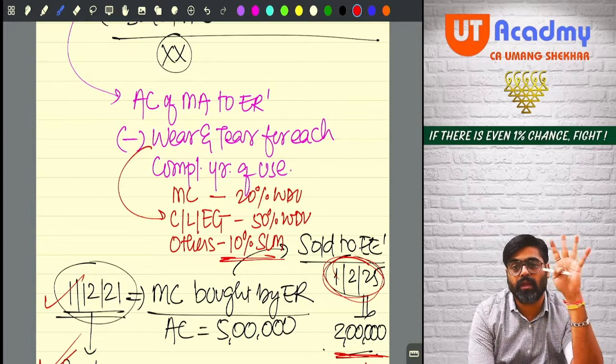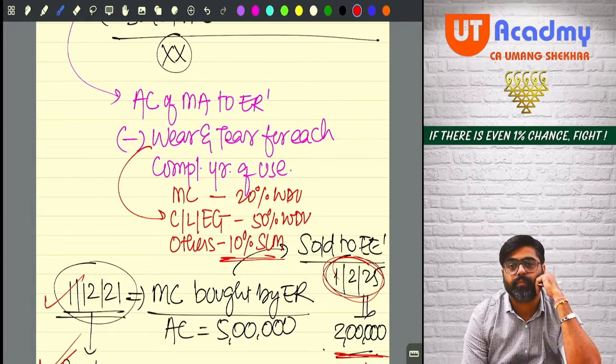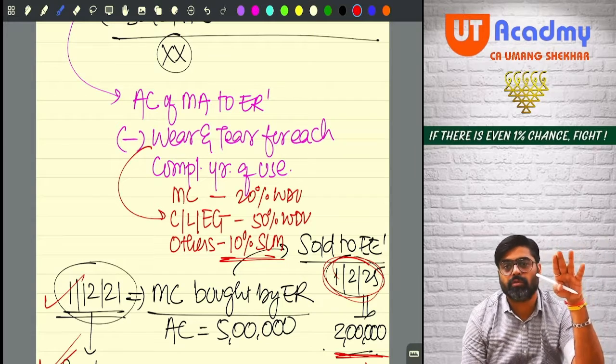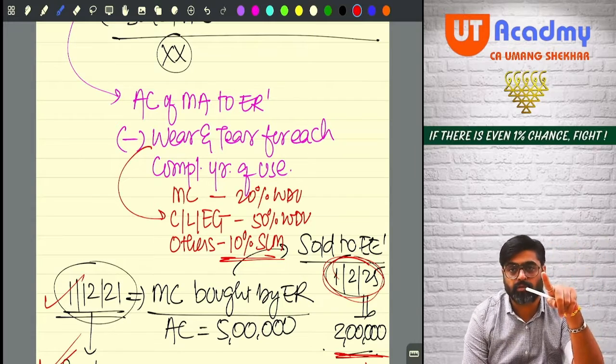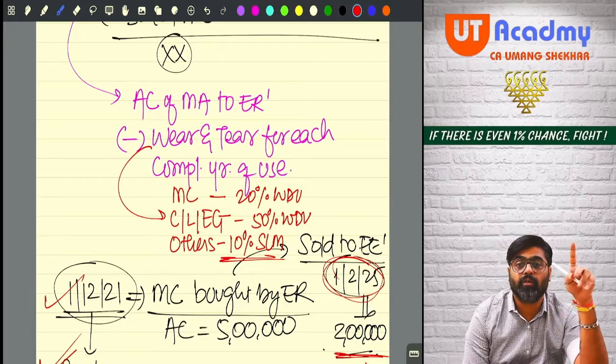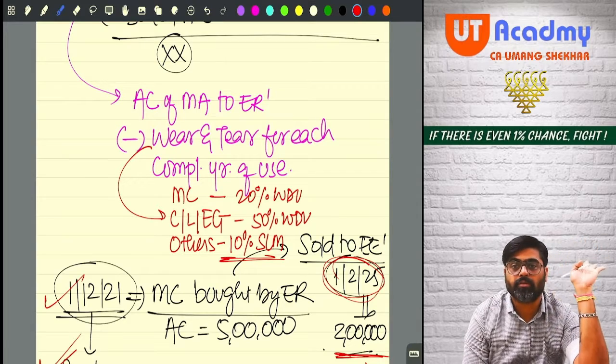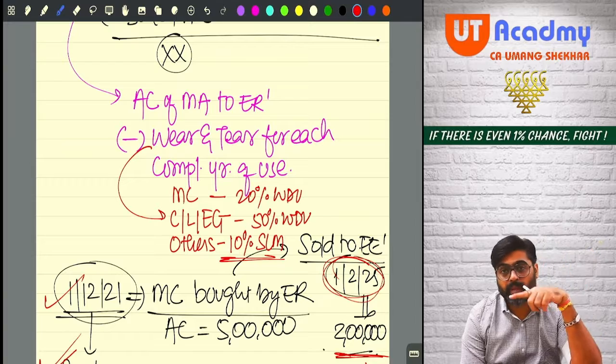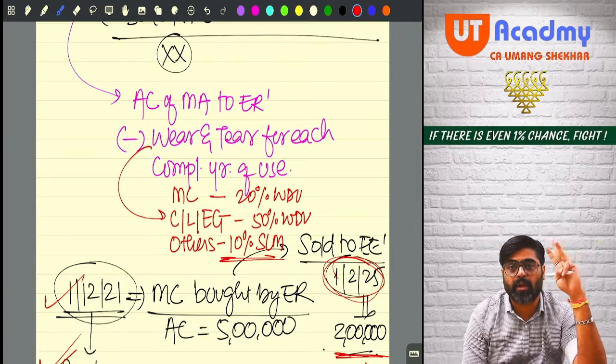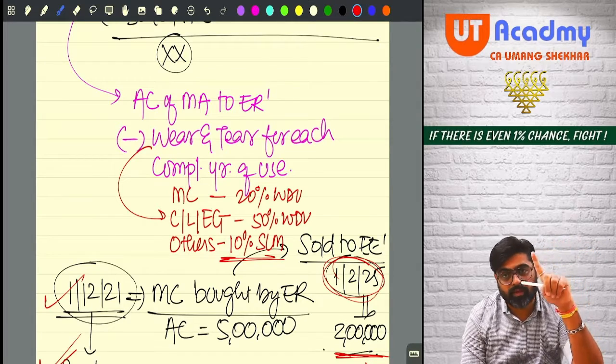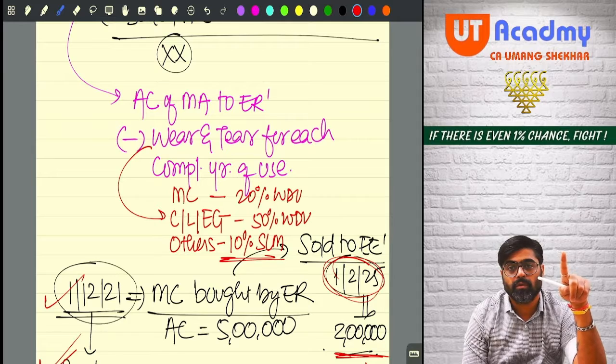So if the employer is selling his motor car after using it for some years, for every year of completed use, wear and tear will be reduced at 20% WDV basis. If the employer is selling you a computer, laptop or electronic gadget, then for every year of completed use, 50% WDV will be reduced.